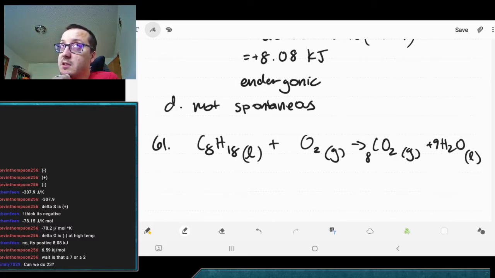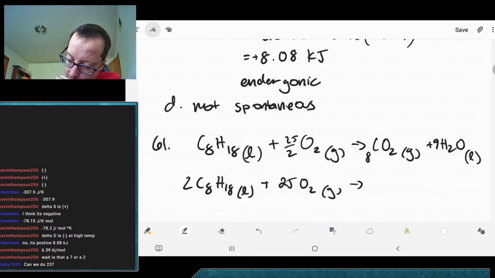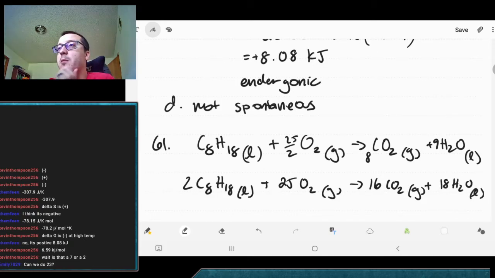That is 25, so 25 over 2 would be our coefficient there. Hoping my balancing works out here. Trying to do things in my head, of course, always goes wrong.